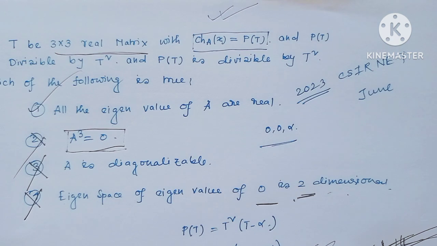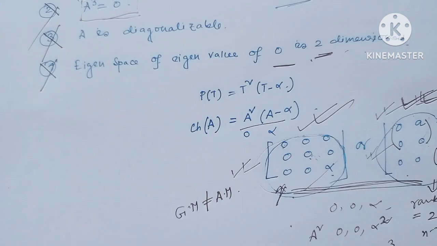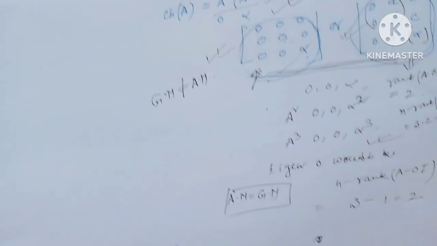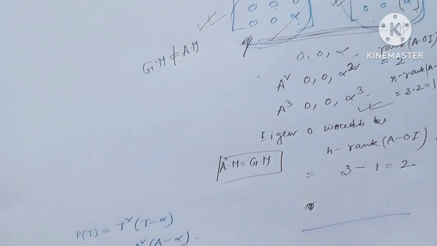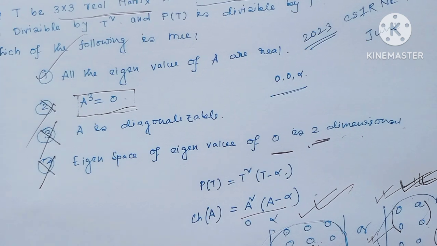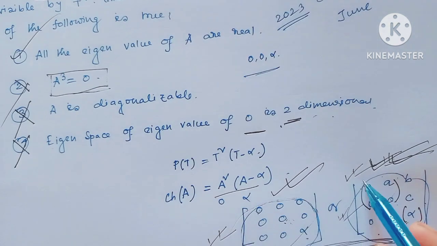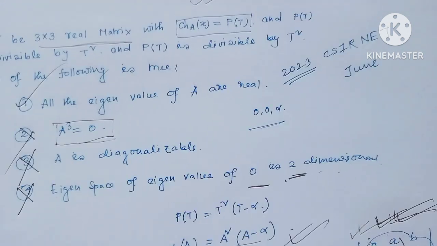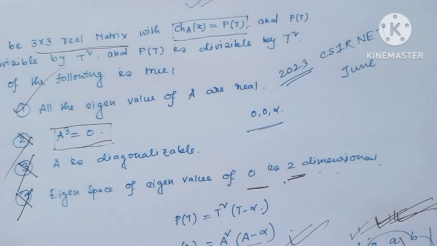If you construct this type of matrix, then you can easily solve this type of question, because we all know what the eigenspace is when a matrix is diagonalizable. But if you do not construct this matrix, then all options would be wrong.